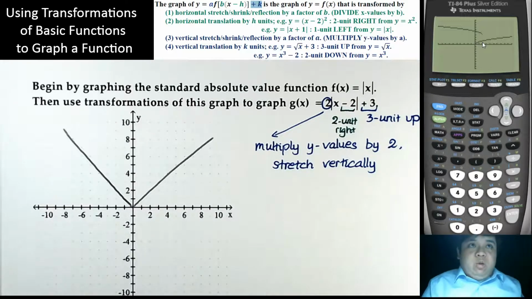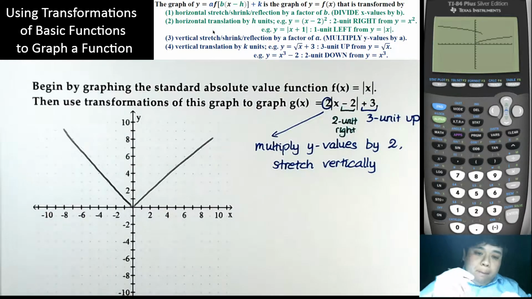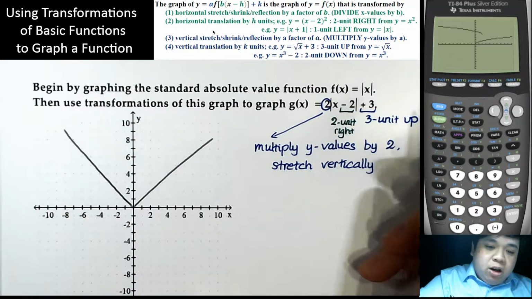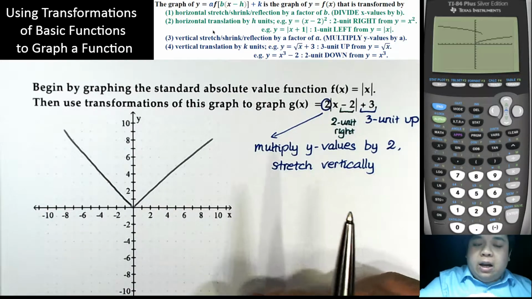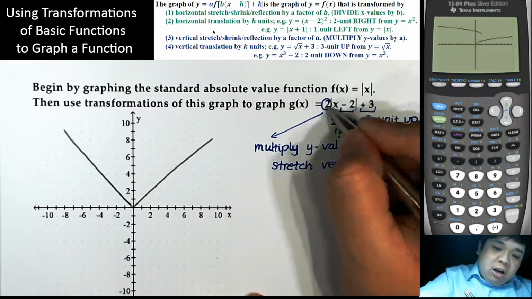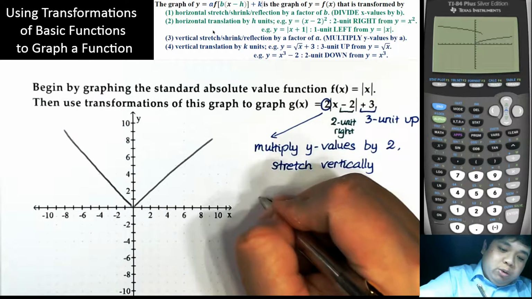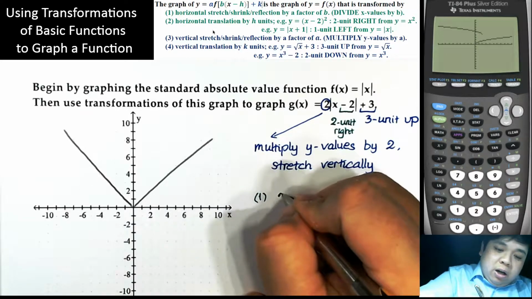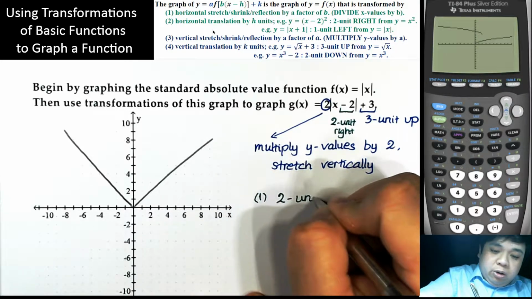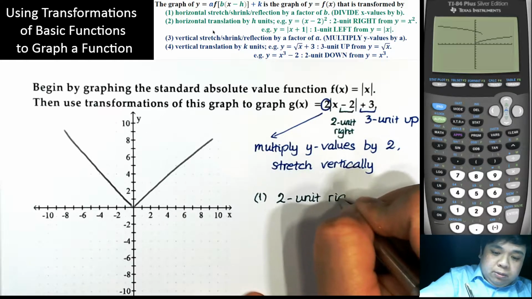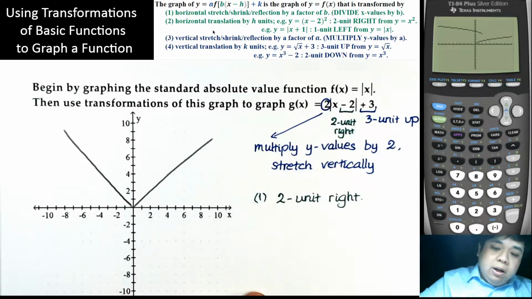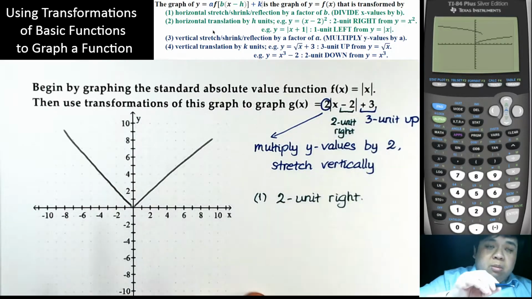And then the order of transformation again will be inside and then outside, multiply, divide, and then add or subtract. So inside first, we only have the minus 2. So the first thing we do is move 2 units to the right. Next, we have the multiply by 2 and then plus 3.